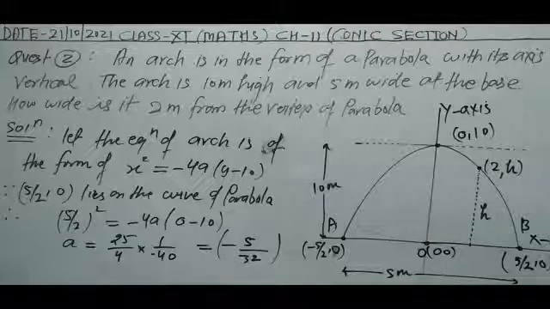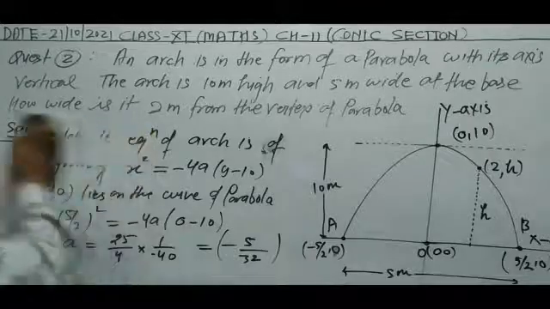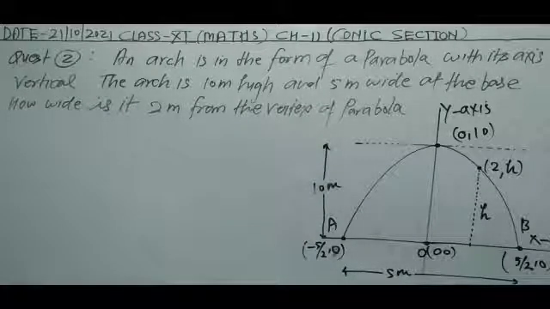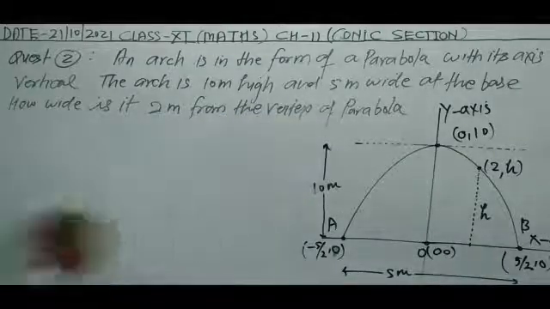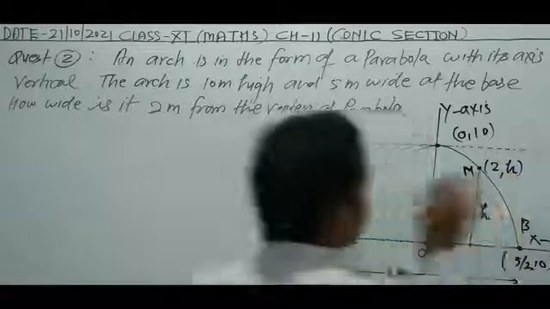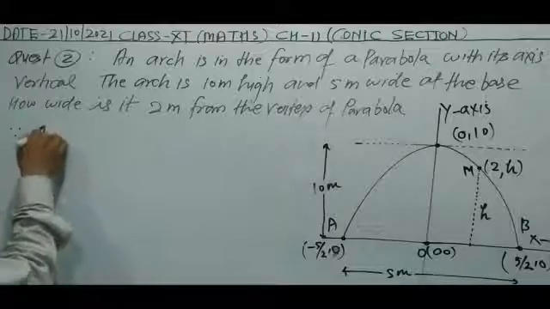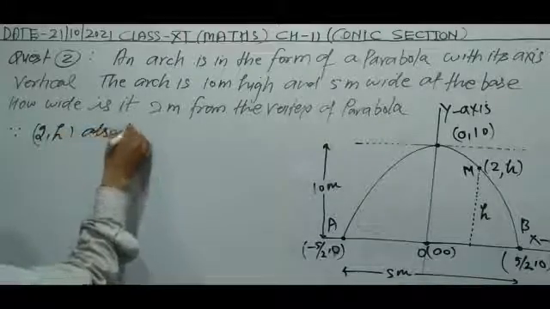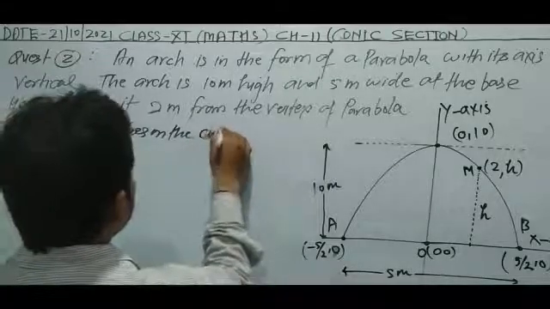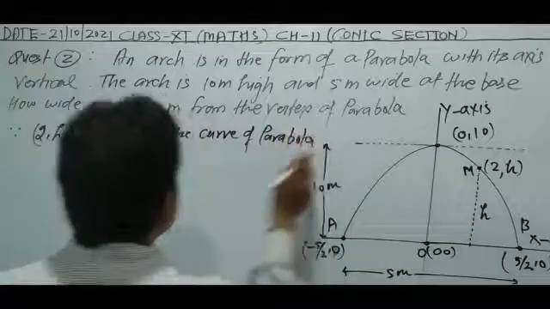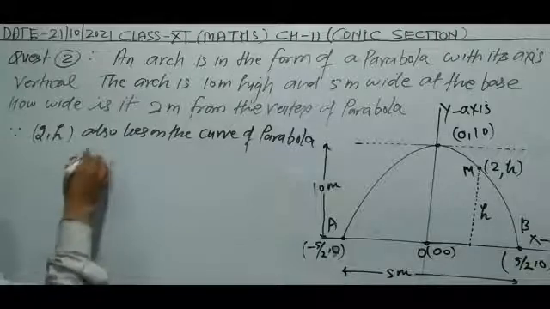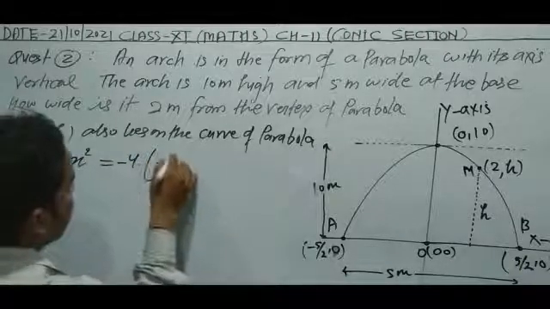Now see, suppose this point is M. Since 2 comma h also lies on the curve of the parabola, this point will also satisfy the equation. Now the equation you know: x square is equal to minus 4 times a into y minus 10, where a is the result we calculated, minus 5 by 32.